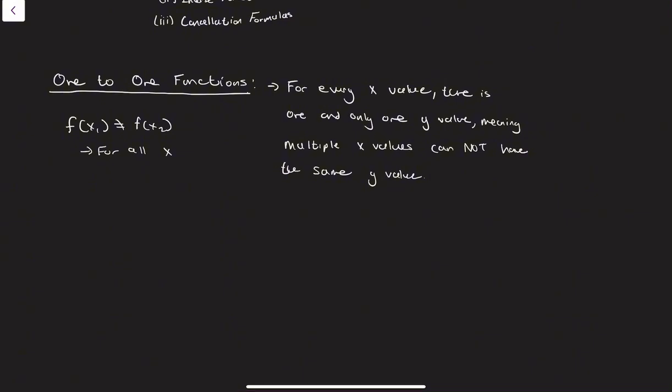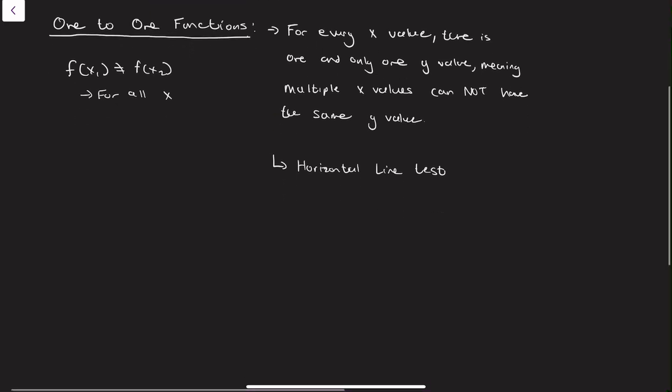This can actually be determined very simply using the horizontal line test. If you recall previously when we were defining functions, we can determine if some graph is a function by seeing if it passes the vertical line test.